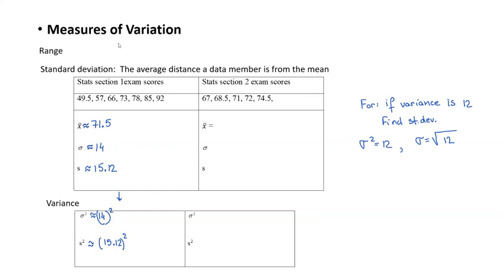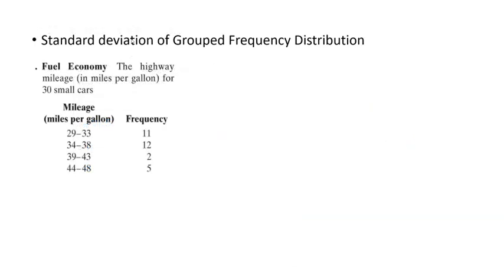And we will continue with this example. Let's see how we find the standard deviation if we have a grouped frequency distribution. This is the example I used in the previous video, the video related to the measures of the center. So here we go. The only difference between what we've done before with this example is right here. On the previous example, we had to find the mean.